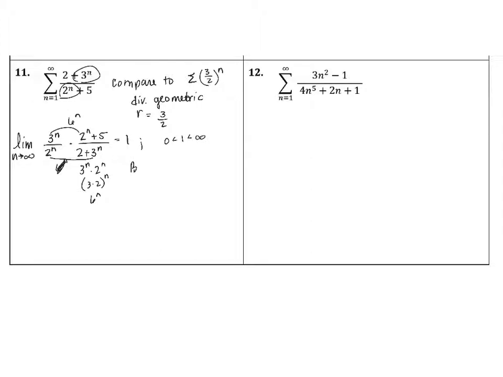So by the limit comparison test, we see that this one here is going to diverge. So to write that out, again, 2 to the n plus 5, by limit comparison test, diverges.